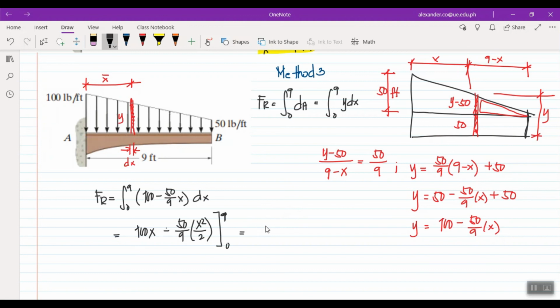So long method tayo. So this is 100 times 9 minus 50 over 9 times 9 squared over 2, and f sub r is equal to what? It has an exact answer, 675 Newton. Okay, di ba?